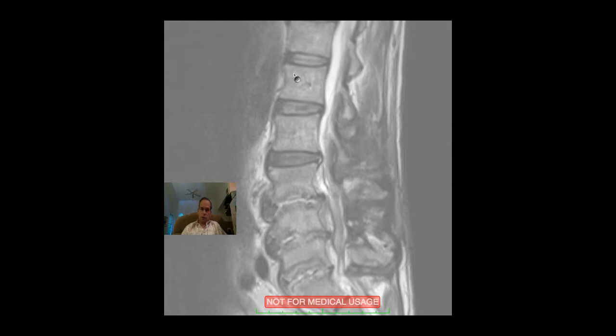The vertebra appear intact at these levels, whereas at these levels we have really substantial degenerative endplate changes at L3-4, L4-5, and L5-S1, with just a little bit of fluid signal intensity in the disc space that reflects the severity of the disc degeneration that has occurred in this area.